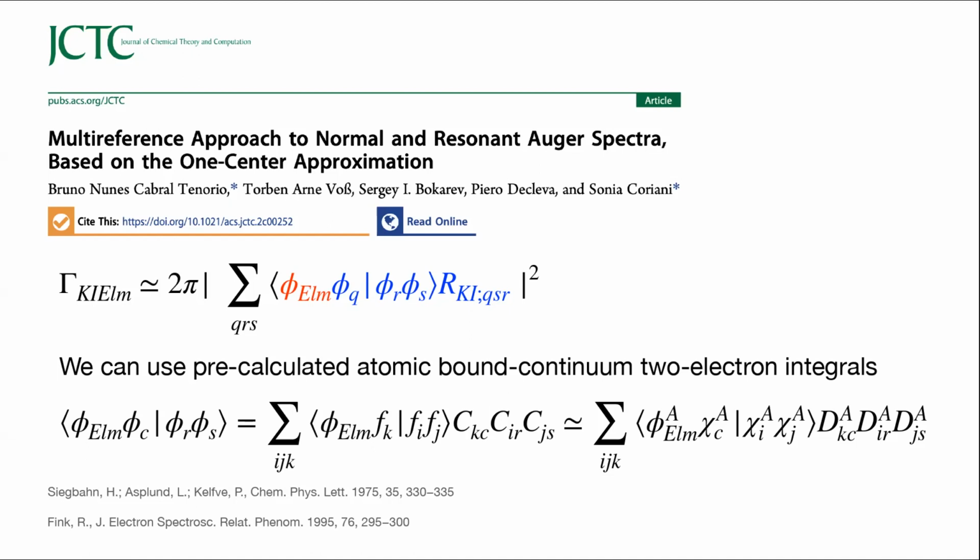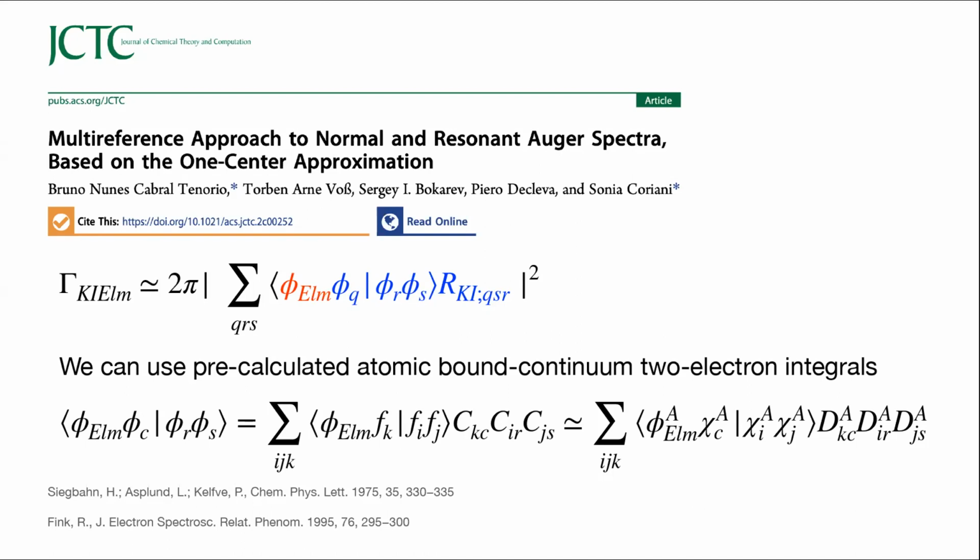The basic idea to deal with that without explicitly computing the continuum wave function is to use pre-calculated atomic bound-continuum two-electron integrals. Very basically, it's more complicated than that, but you project your decay problem to the problem of an isolated atom.